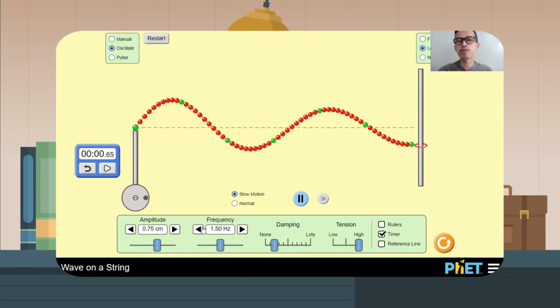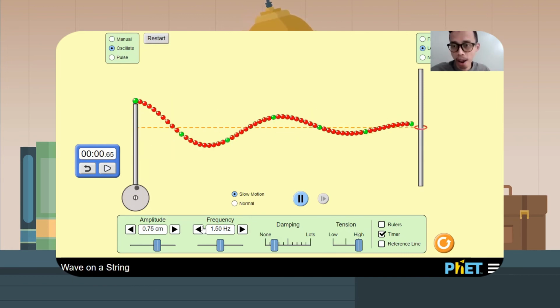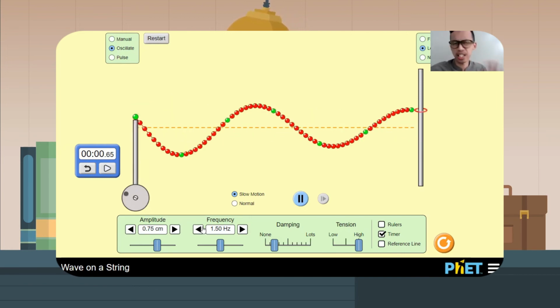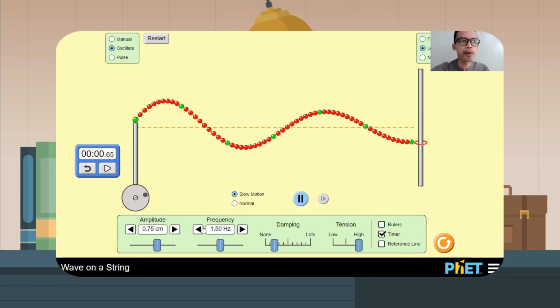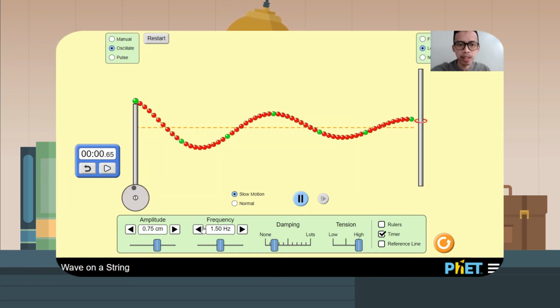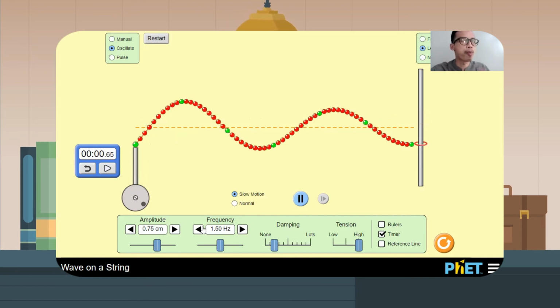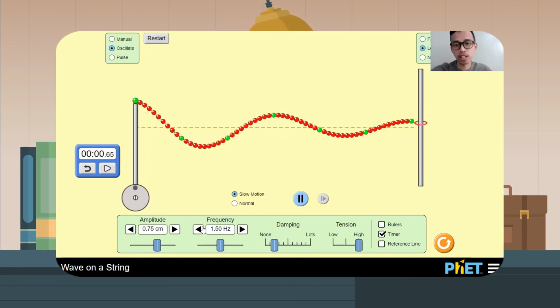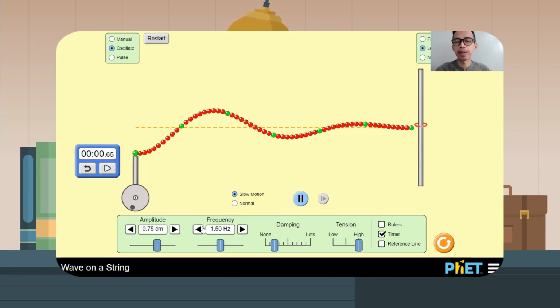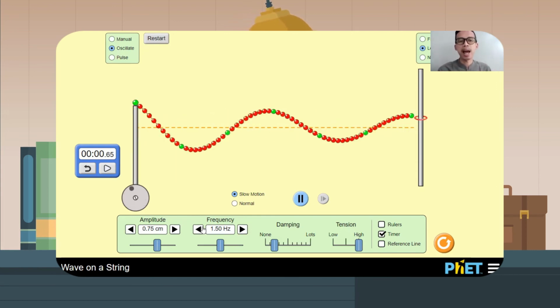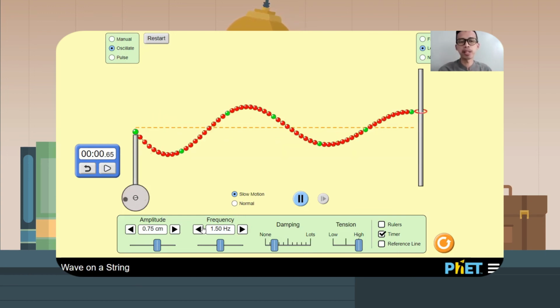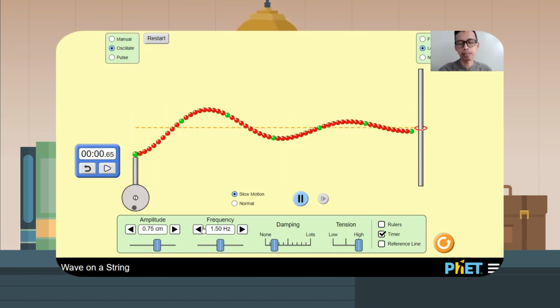Okay, and then the last one, speed. To find the speed of this wave, it's quite simple. We can just use the equation for uniform motion, that means a motion that travels with constant speed. Remember, to find the velocity, we can use the equation v equals s per t, displacement or distance per time taken.